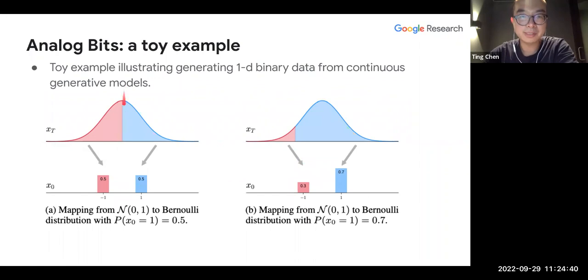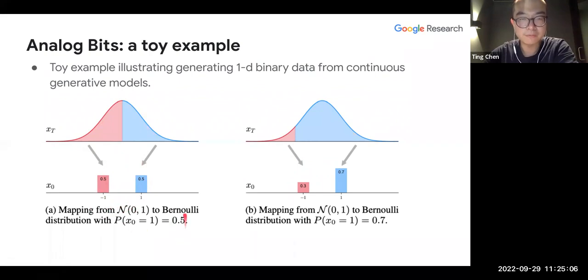Of course, this is a deterministic model I'm illustrating here, but even stochastic, it will be similar. So you split this Gaussian into two parts. Anything you sample from this part, you map to -1. Otherwise, you map it to 1. So you have a mapping from noise, which is the Gaussian, to the data.